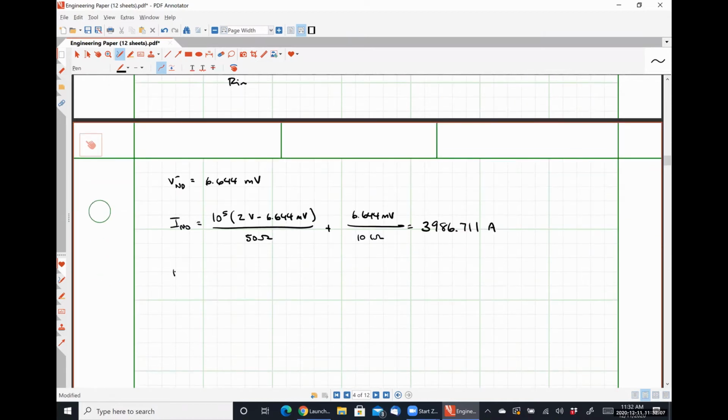The theoretical concept: R out is V Thevenin, or the open circuit output voltage that we calculated at the very beginning, divided by I Norton.